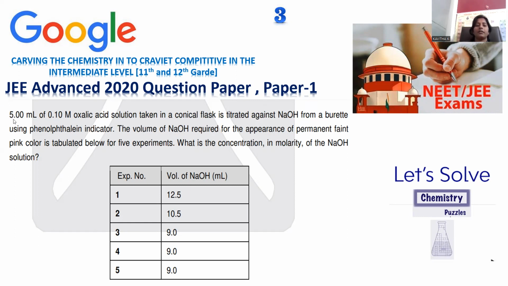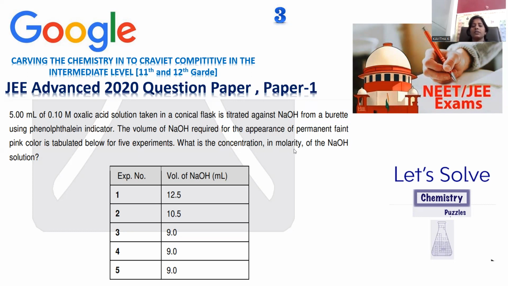Simply, we are taking the formula M1V1 is equal to M2V2. The initial purpose of titration is that one unknown concentrated solution will be taken. By titrating against a known concentrated solution, you can get the concentration of the unknown solution. That is the purpose of titration.